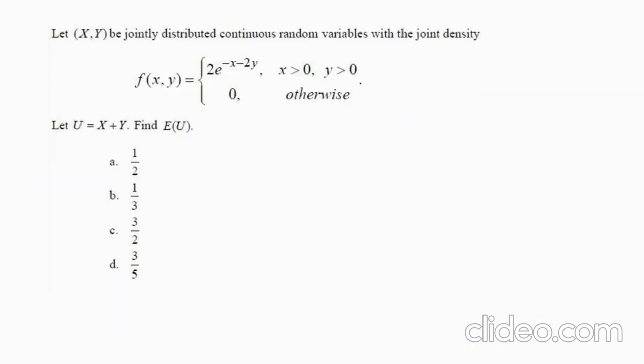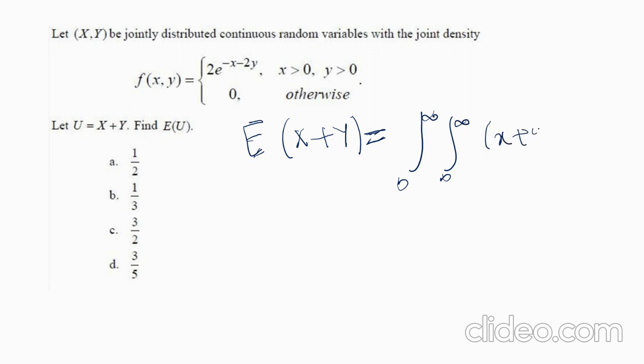Now this is the density 2 e to the power minus x e to the power minus 2y, and we want to find the expectation of x plus y. So expectation of x plus y will be equal to the integral from 0 to infinity, 0 to infinity, of (x plus y) times 2 e to the power minus x, e to the power minus 2y, dy dx.